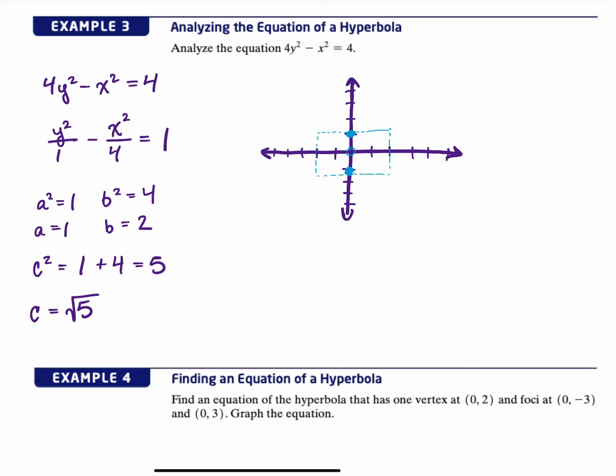So then I will visualize our asymptotes crossing through the box and through the center point.